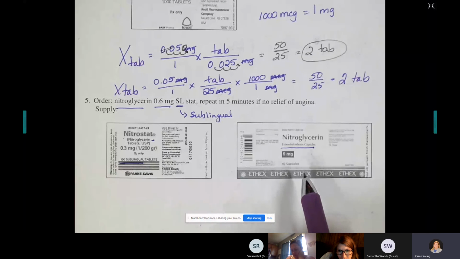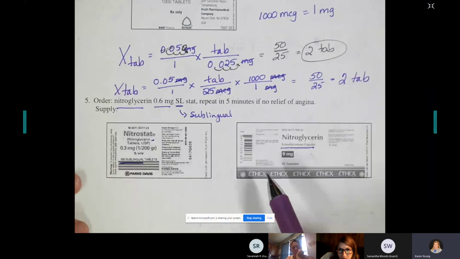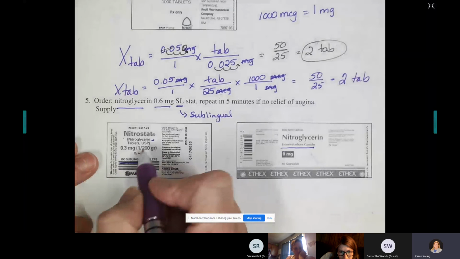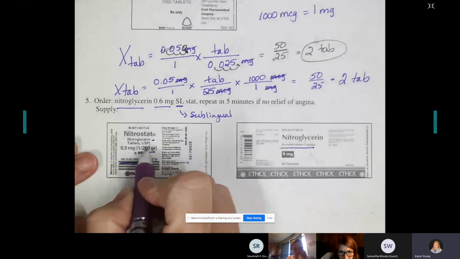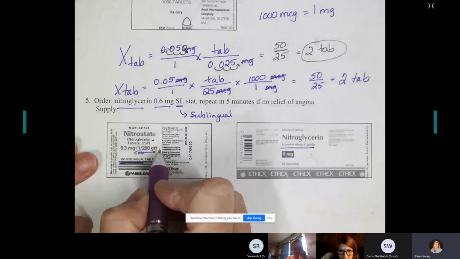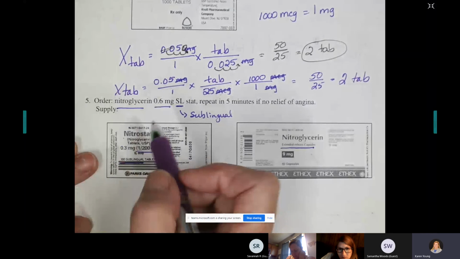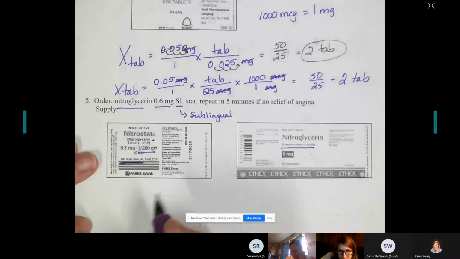The extended release goes into the stomach and takes longer to get into the bloodstream. So we're going to use the Nitrostat. This 1/200th of a grain, we're not even going to worry about it. Again, it's an equivalent measure, but we don't work with grains, especially since our order is in 0.6 milligrams.